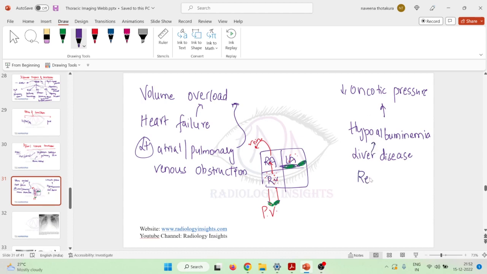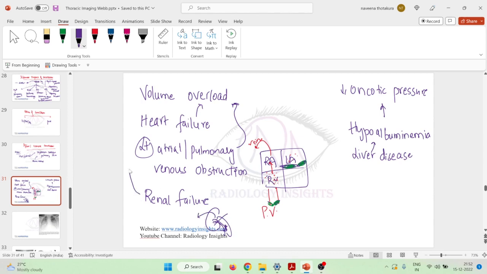Then we have renal failure. In renal failure, the kidney is not able to excrete. So obviously the water or urine which has to be excreted is present in the capillaries.